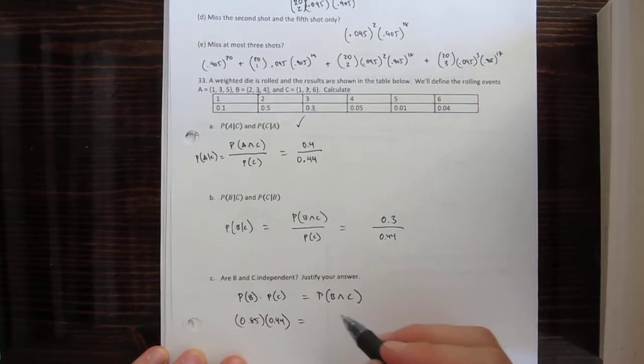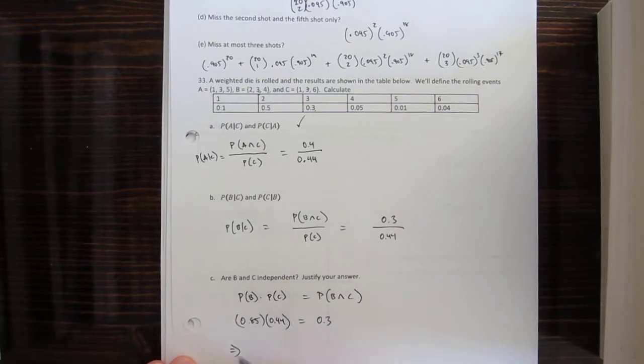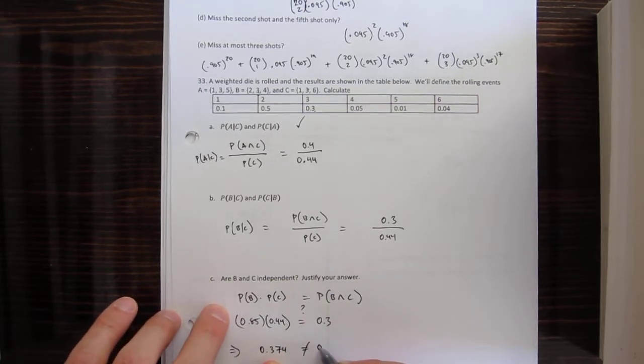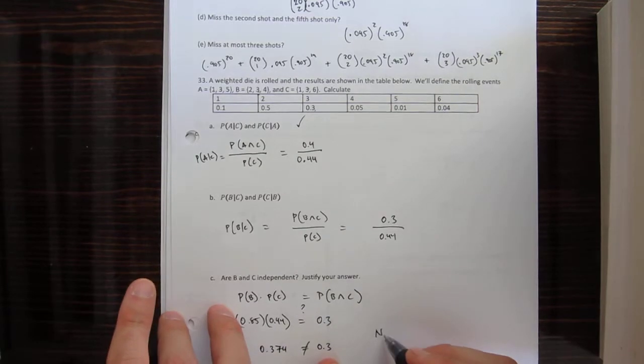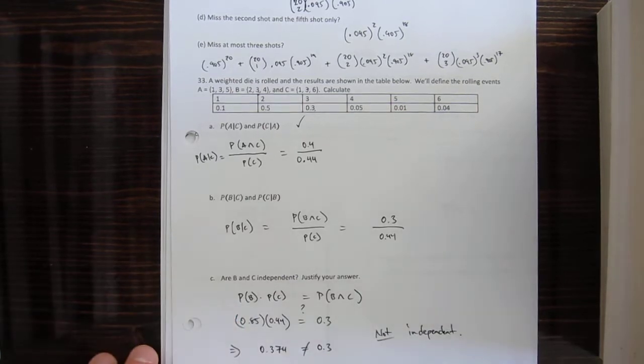And the probability of B and C we found to be 0.3. So we're wondering if this is true. It's not. 0.85 times 0.44 is 0.374. And that does not equal 0.3. So they are not independent. Okay.